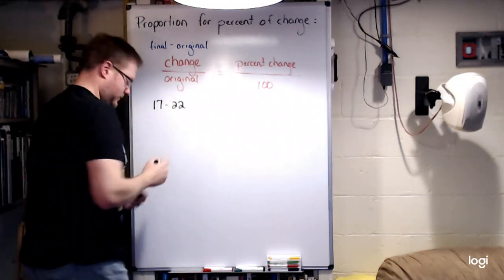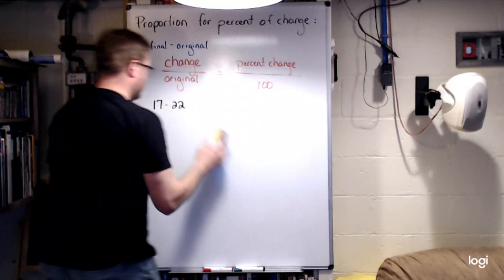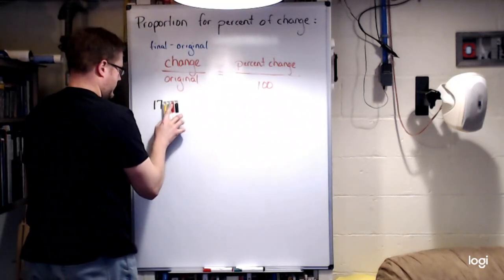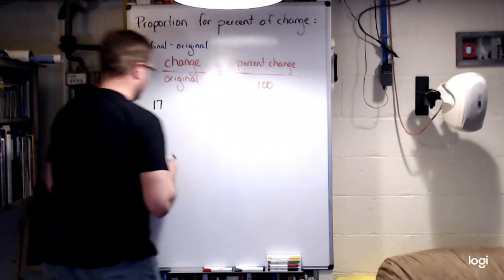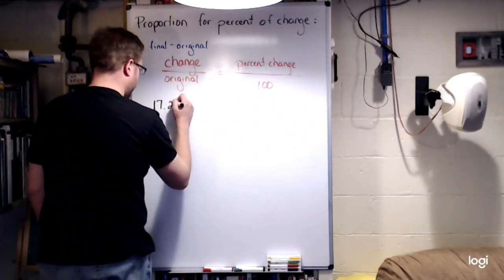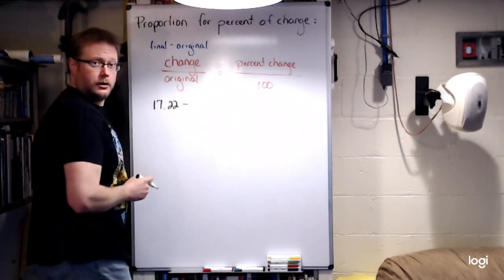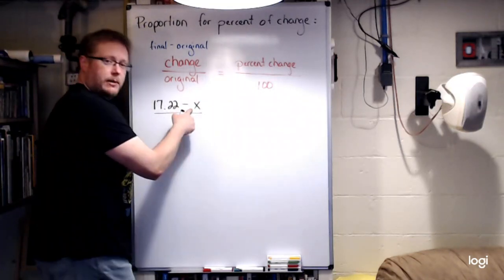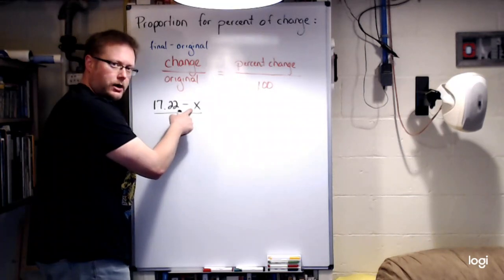Watch this. 17.22, oh, not minus. Let me try that again. 17.22 minus, I'm going to just put x, okay? That's my original amount. That's what I don't know.